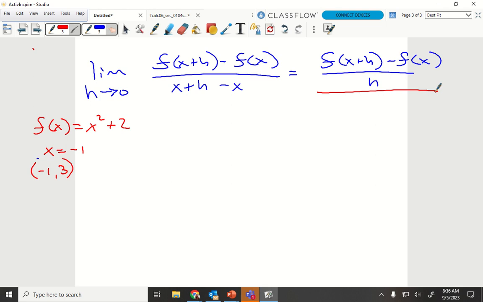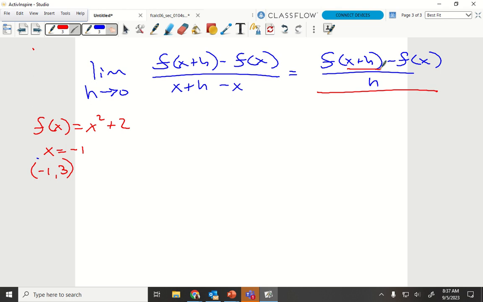So now when I plug this in, and I'm using f of x plus h, what am I going to replace every x value with? If I'm plugging in x plus h, what is f of x plus h? Every place that there's an x, I'm now going to replace it with x plus h.